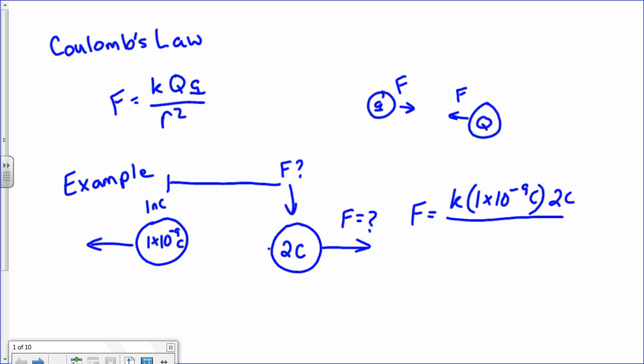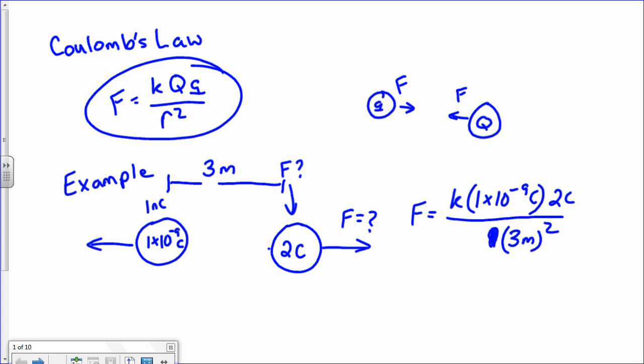Let's say that this distance is 9 meters. Actually, no, 3 meters. So this is 3 meters, and then that squared. That's just this expression, k Q q over r squared.